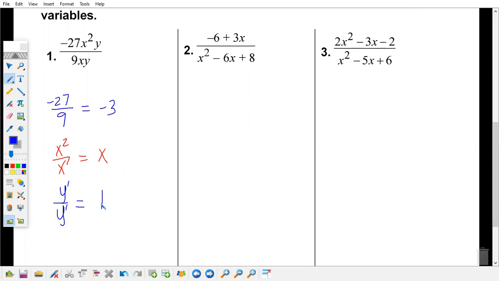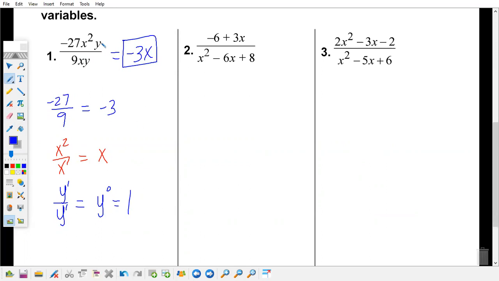So 1 minus 1 is 0, right? And anything to the 0 power is 1. So my answer is negative 3x.